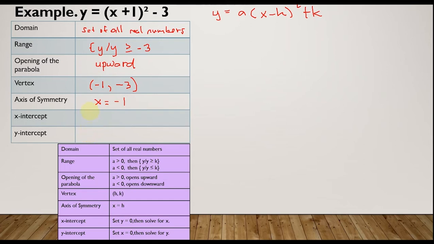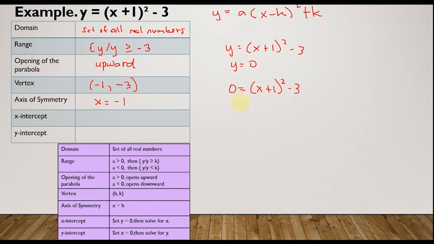For x-intercept, to determine the x-intercept, you need to set y equals 0, then solve for x. And let's do that. So if we have y equals (x plus 1) squared minus 3, and y is equal to 0, we're going to substitute y to 0. 0 equals (x plus 1) squared minus 3.